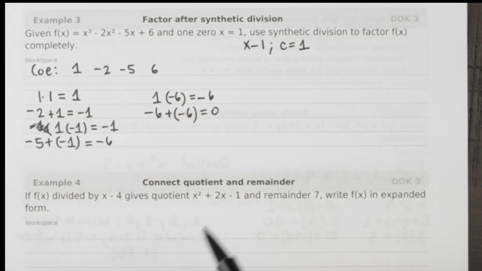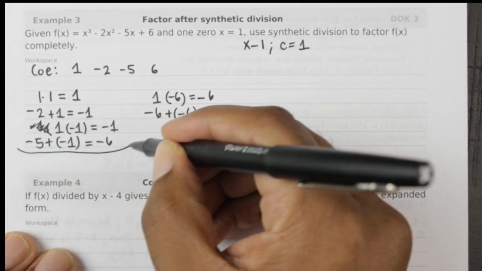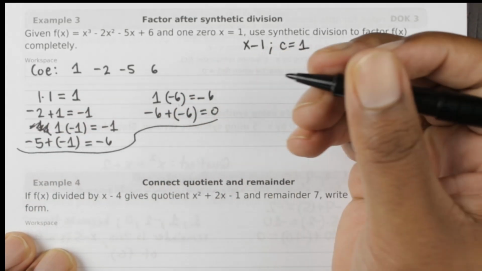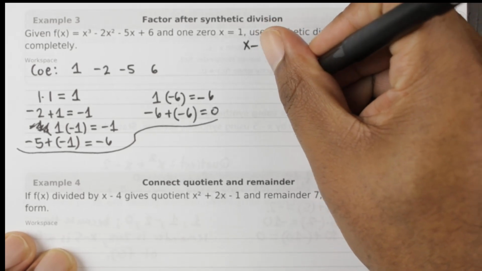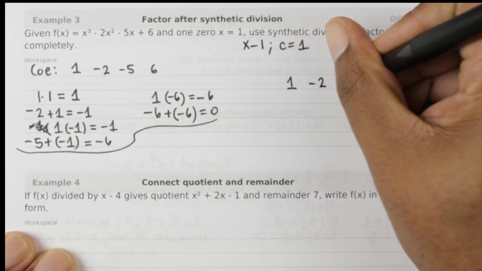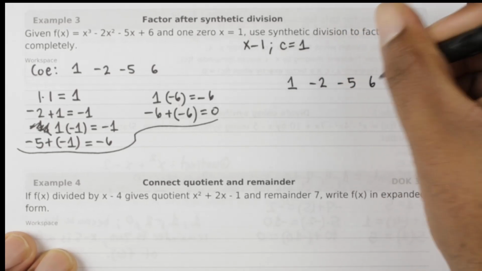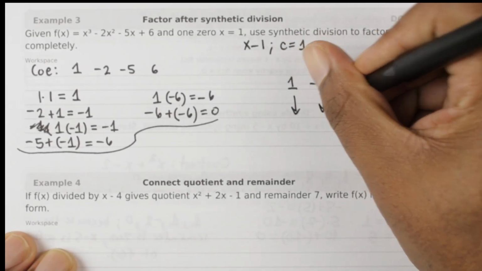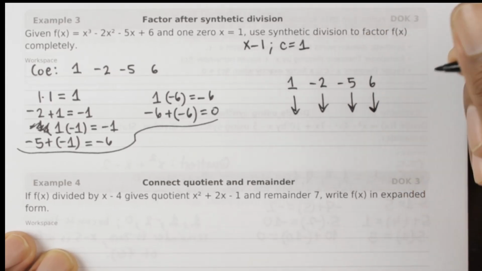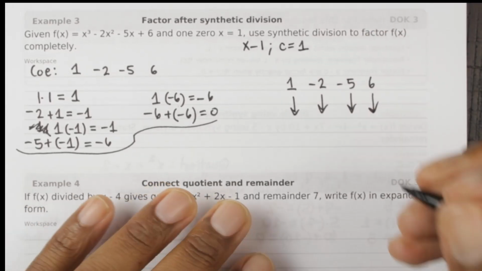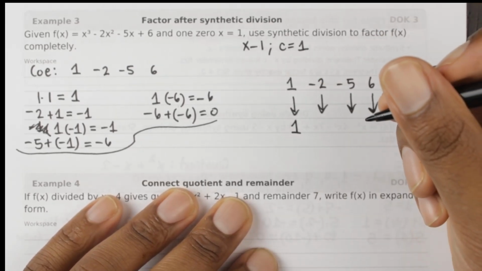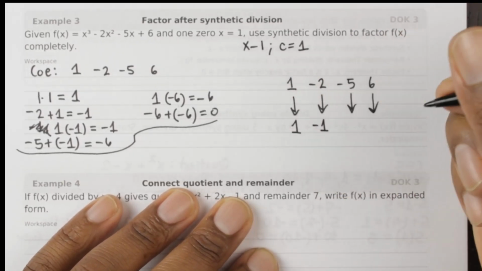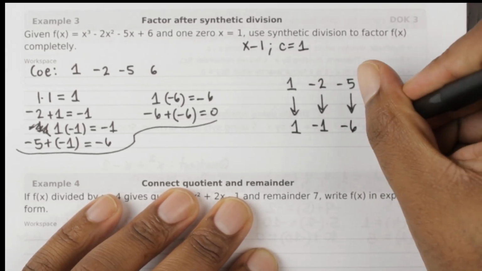So the bottom row is, we have 1, -2, -5, and 6. The bottom row is going to be 1, -1, -6, 0.